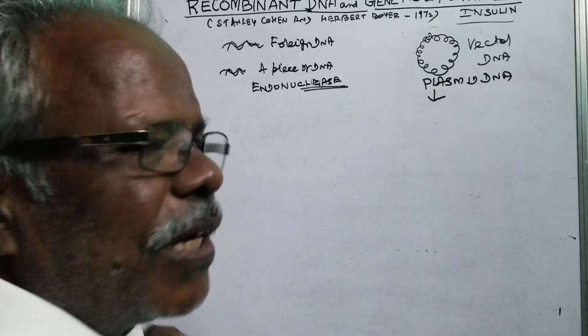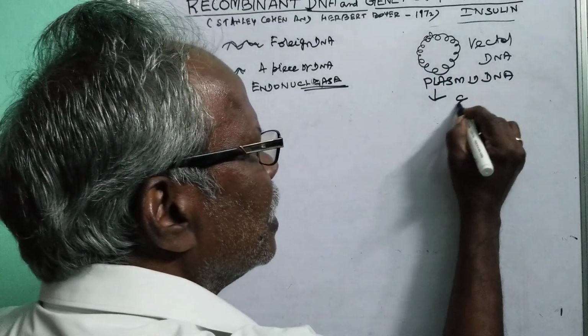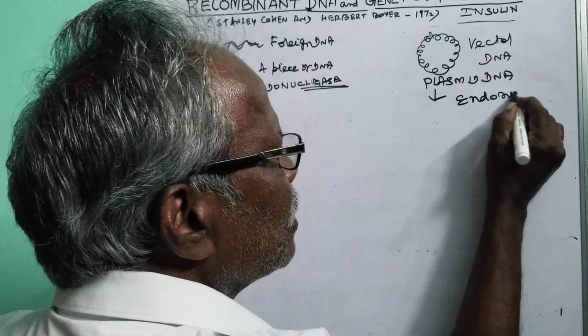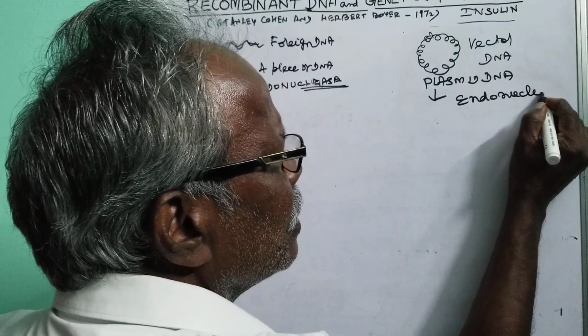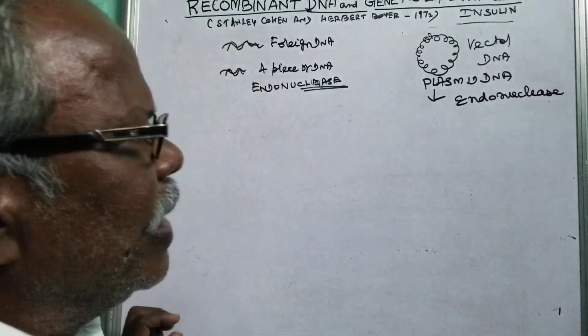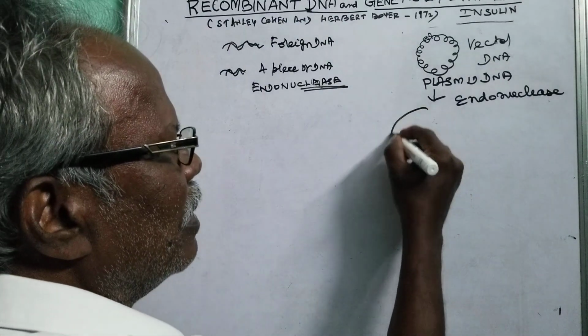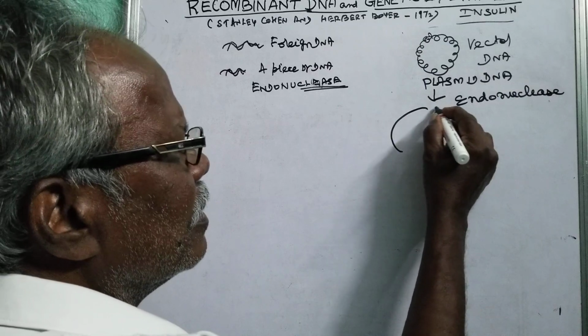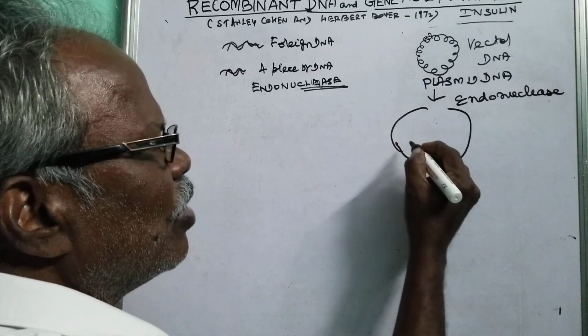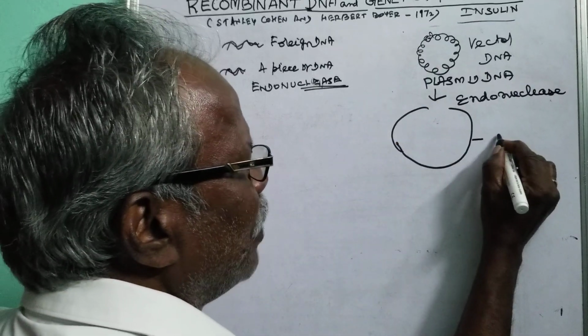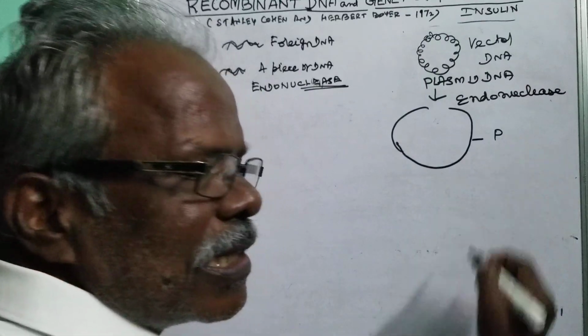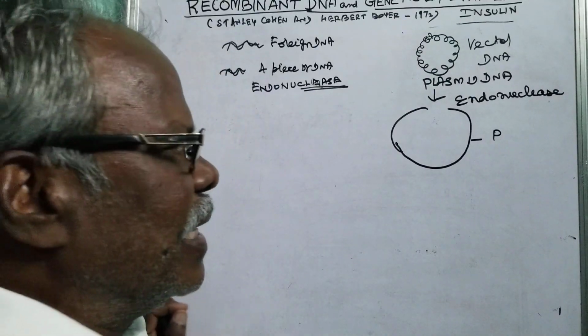By the use of endonuclease, we make a small cut in the circular DNA. This is called plasmid DNA or circular extrachromosomal DNA.